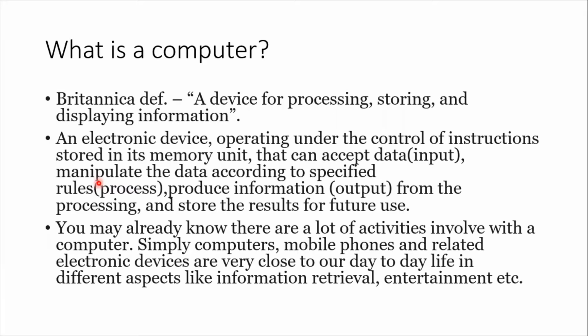As humans, we get some noises outside. My ears are sensing that input. After I input this noise, my brain processes it, or my brain manipulates it according to specific rules. So there is a set of rules in my brain. This is a car, this is a van, kind of examples.